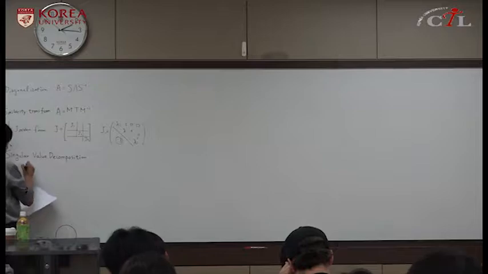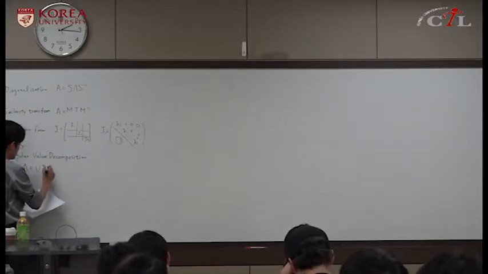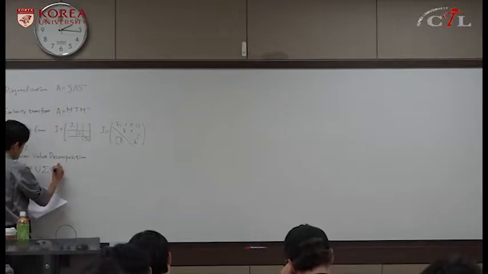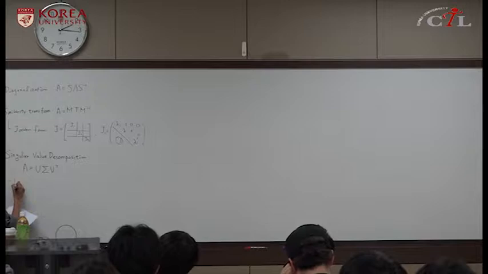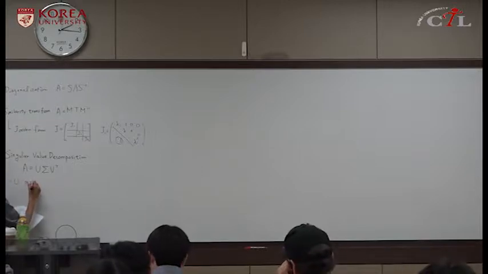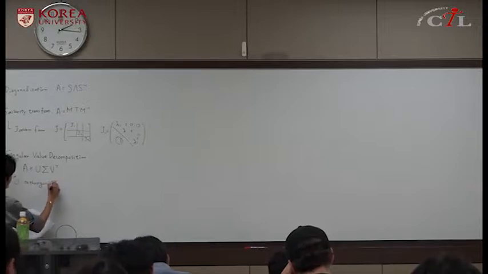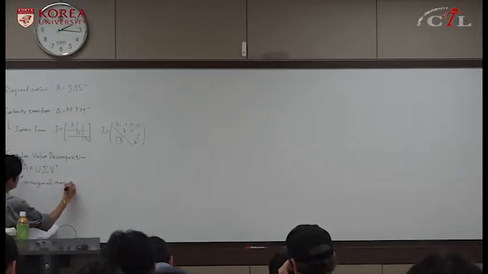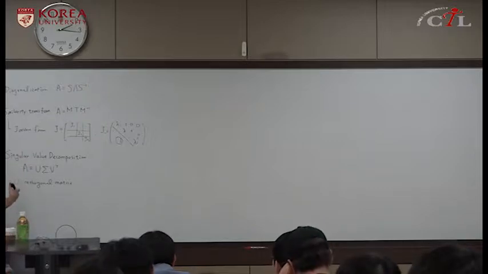So a matrix A can be decomposed as U sigma V transpose. Here, U is an orthogonal matrix, so its columns are mutually independent, and each column length is 1.